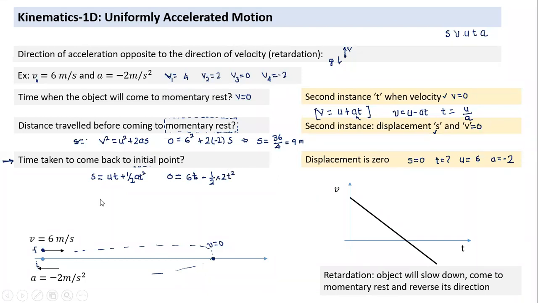Can we find the value of t now? So two values of t we will get. This can be written as t into (6 minus t) is equal to 0, which means t is equal to 0, and t is equal to 6. Why are you getting two values here?